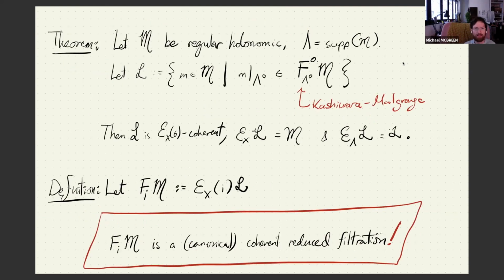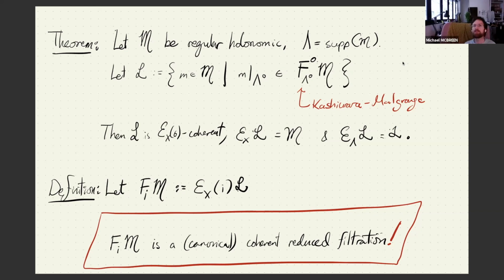And so the theorem is you can do this in the case of a regular holonomic E module. Basically, you take lambda to be the support of your D module, the micro support. On each smooth part of lambda, you have this Kashiwara-Malgrange filtration that we just discussed.